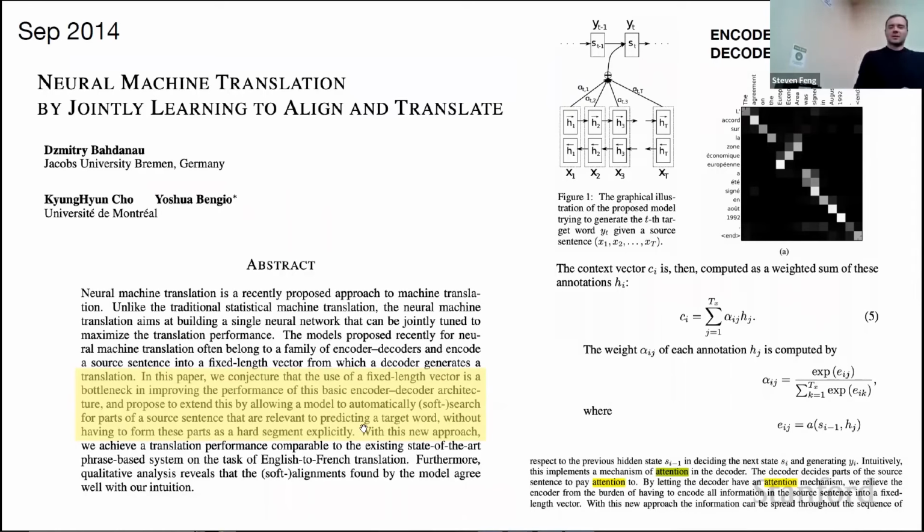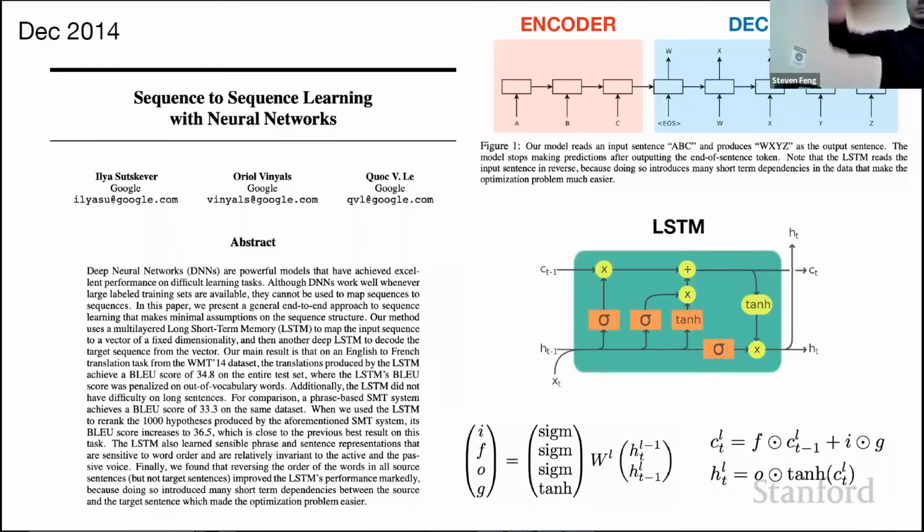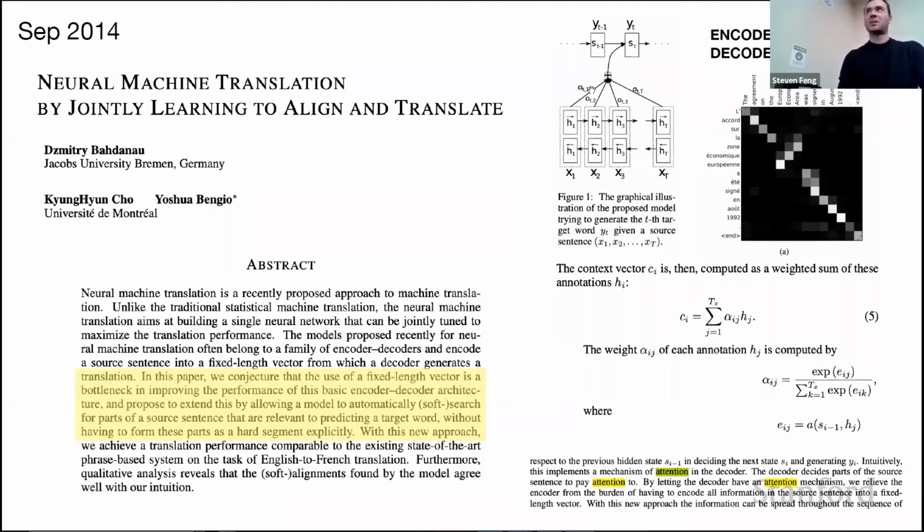So this was a way to look back to the words that are coming from the encoder. And it was achieved using this soft search. So as you are decoding the words, while you are decoding them, you are allowed to look back at the words in the encoder via this soft attention mechanism proposed in this paper.